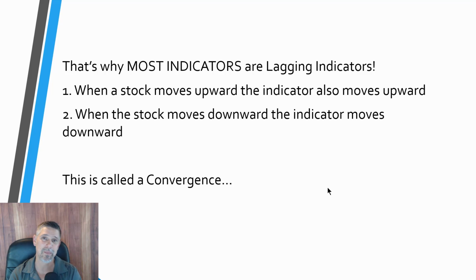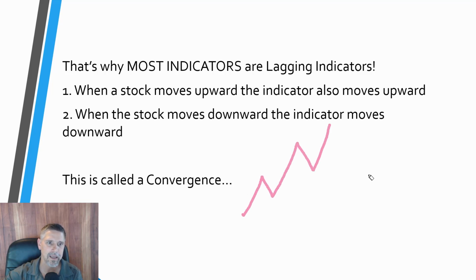I talk about a concept in my course of the horse pulls the cart. The horse is price. The cart is an indicator, and price brings the indicator with it. Now, when a stock moves upward, so I'm going to get my drawing items too. So when a stock moves upwards like this, we're expecting the indicator to move upward, right?